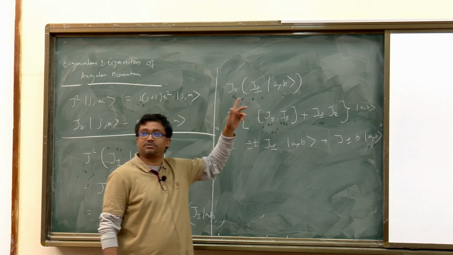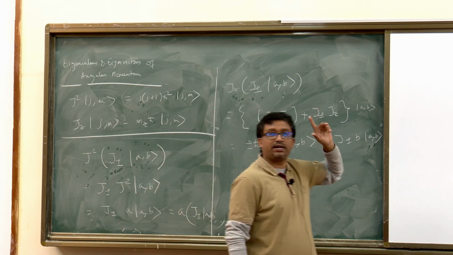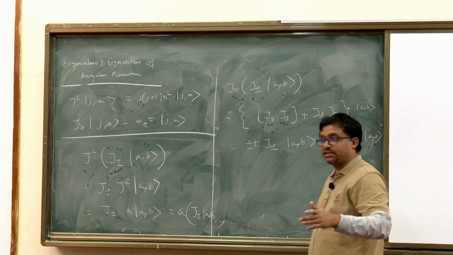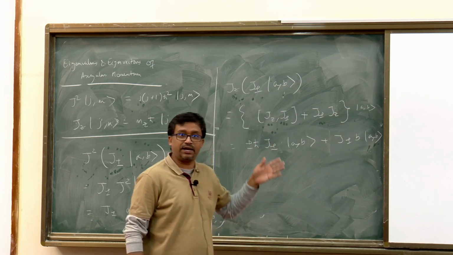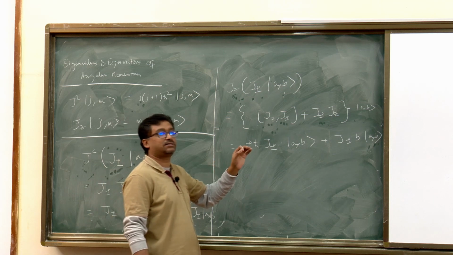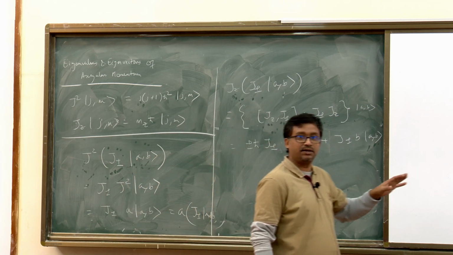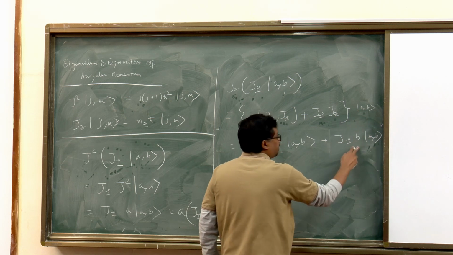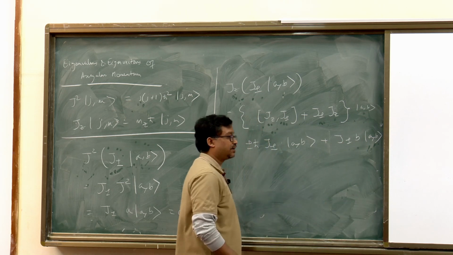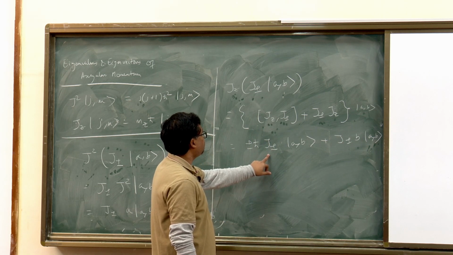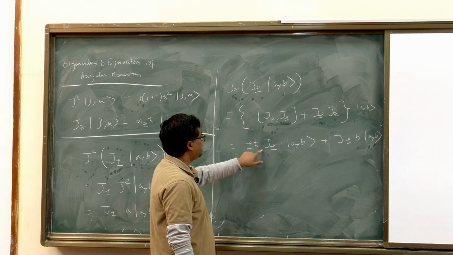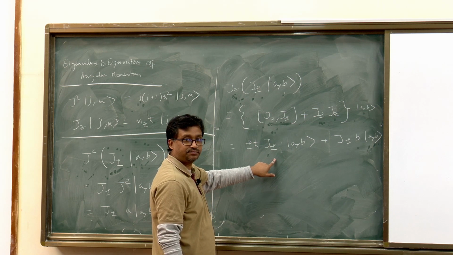Remember, we had a simultaneous set of eigenvectors which we called AB. B was the eigenvalue of Jz, A was the eigenvalue of J square. A we already saw, J plus minus has no effect on A. Now, Jz operating on AB will give you B times AB, and this commutator we know is plus minus h bar J plus minus.